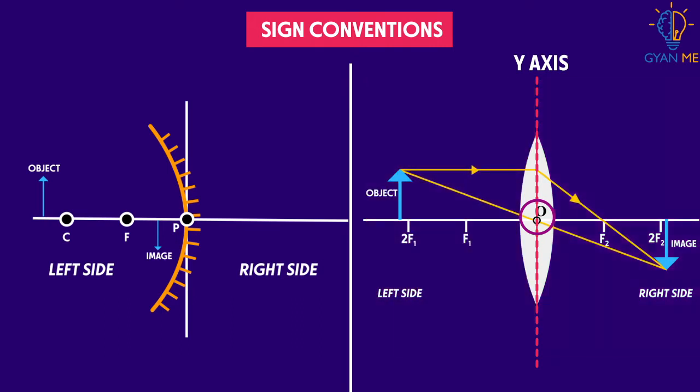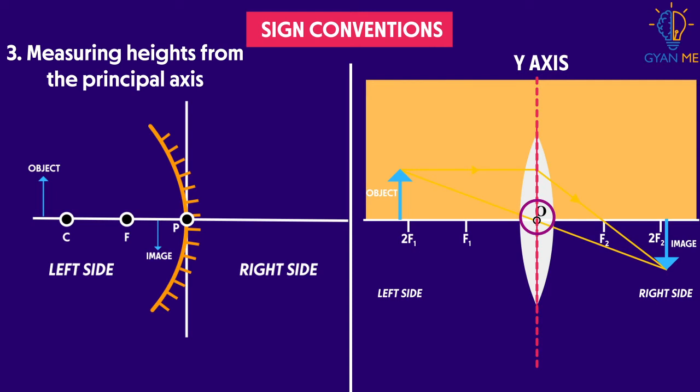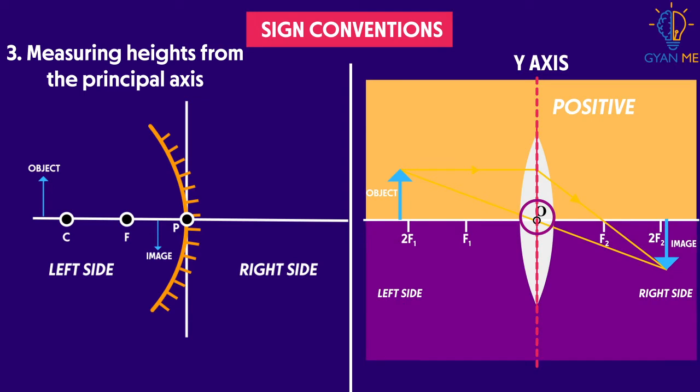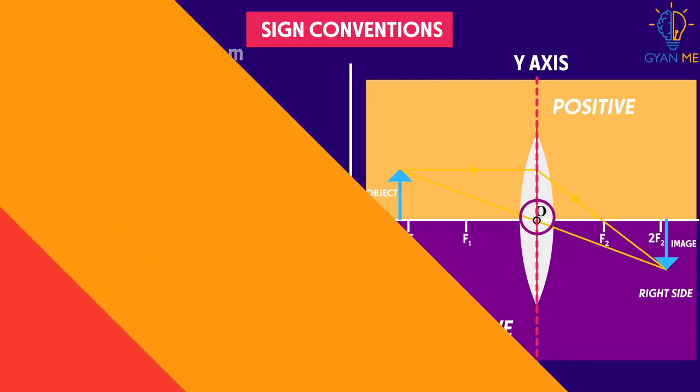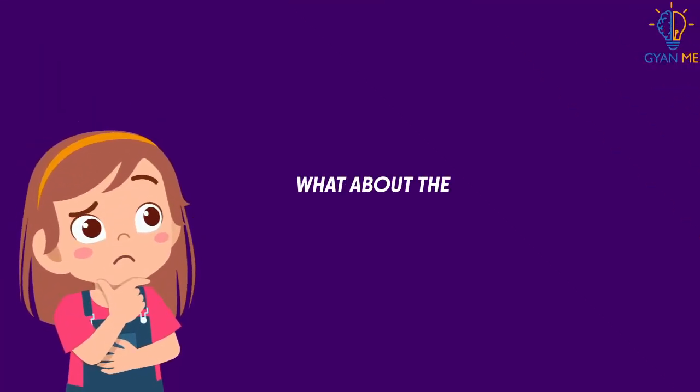Okay, now all the vertical distances or specifically heights measured upwards from the principal axis, that is on positive y-axis, will be obviously positive, and conversely all of them measured on negative y-axis, that is below the principal axis, will be negative. But what about focal length?